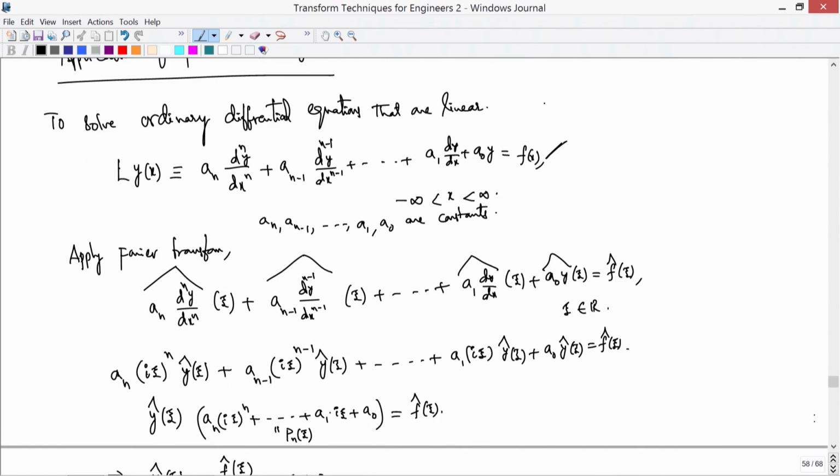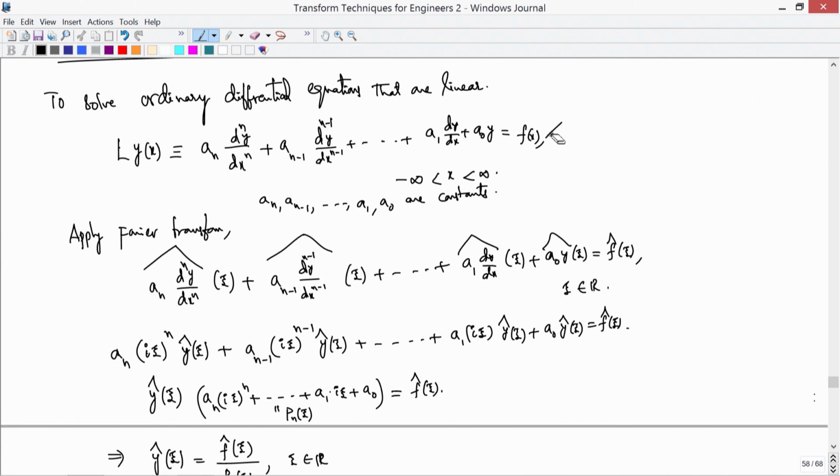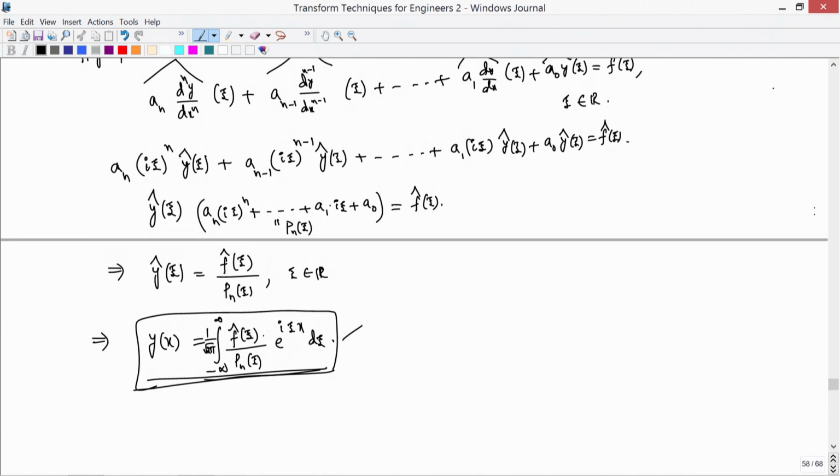So, if you know the differential equation theory, for an nth order differential equation, the solution you might have seen is C1 times y1 and C2 times y2 and Cn times yn, which is a homogeneous solution, plus some particular solution yp of x. What you get here by this method is called the particular solution.